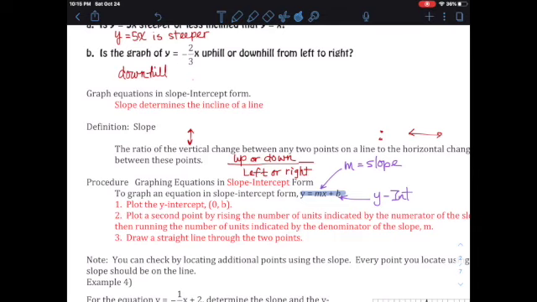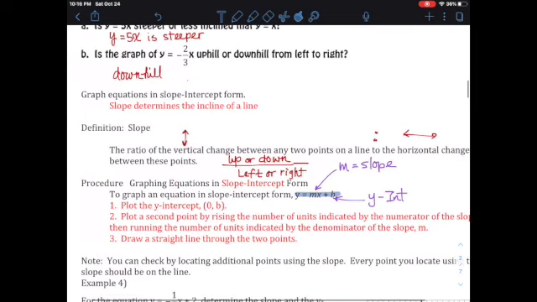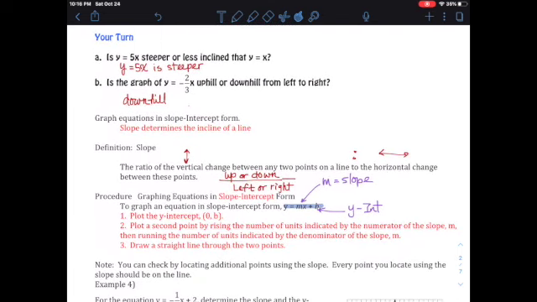You always start at the y-intercept. 2, plot a second point by rising the number of units indicated by the numerator of the slope m, then running the number of units indicated by the denominator of the slope m.